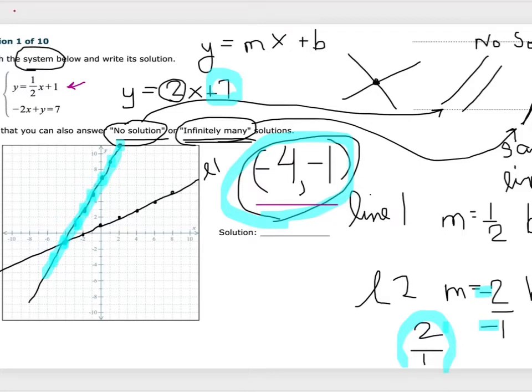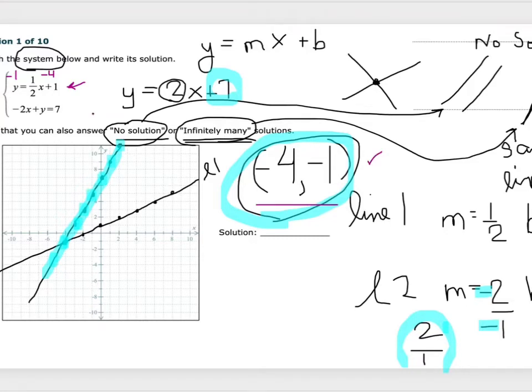So we come back here, we plug in a -4 and a -1 for the y, and we check. So 1/2 of -4 is -2, and -2 plus 1 is -1. So the first line checks.